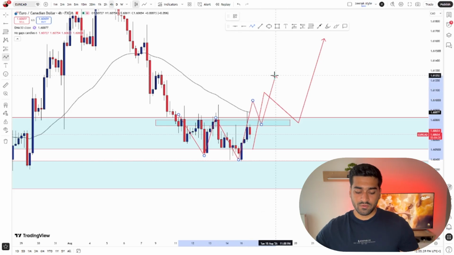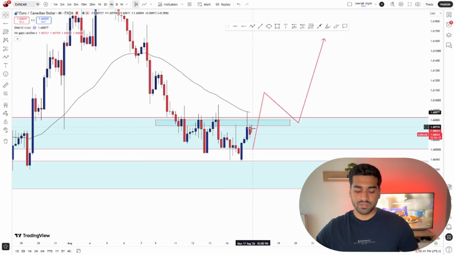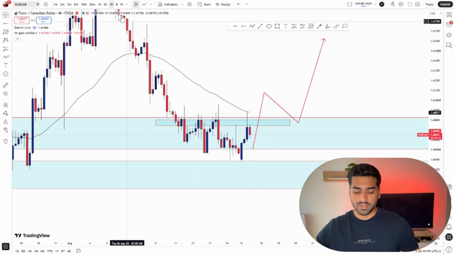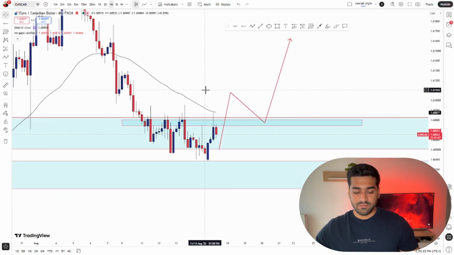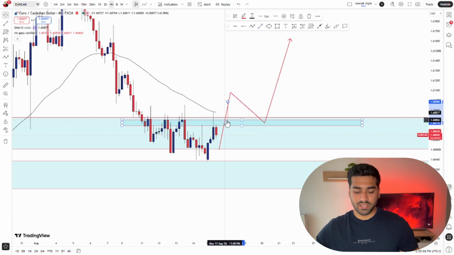So here I will look for an engulfing candlestick after the break and retest. So I hope the daily closes like this or above this structure point here. If it closes like this, then another daily will create that wick. If it creates that wick, what does it mean? It means the 4 hour will create this higher low to go to the upside.